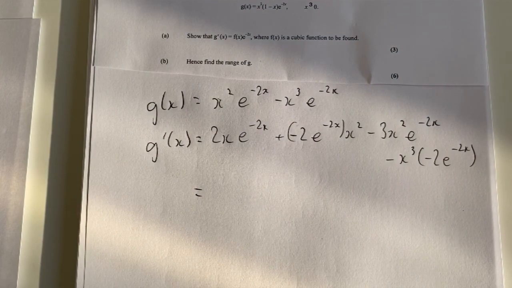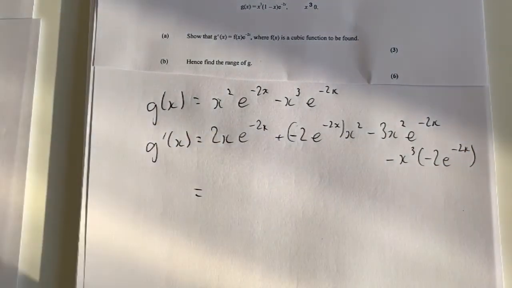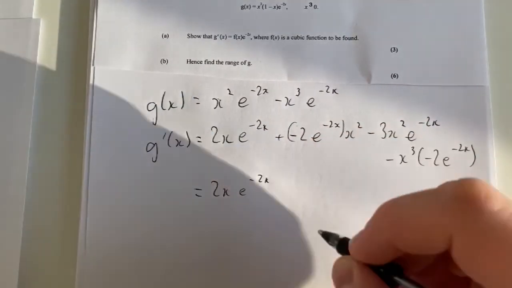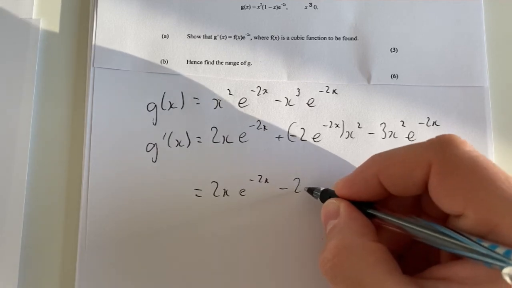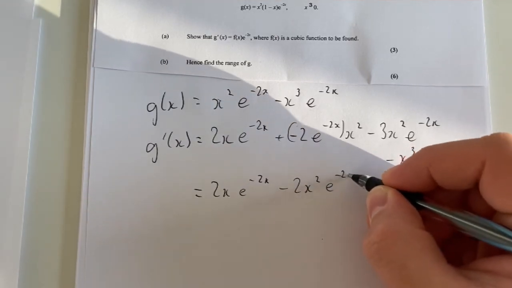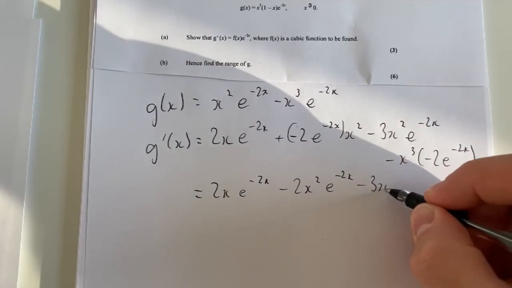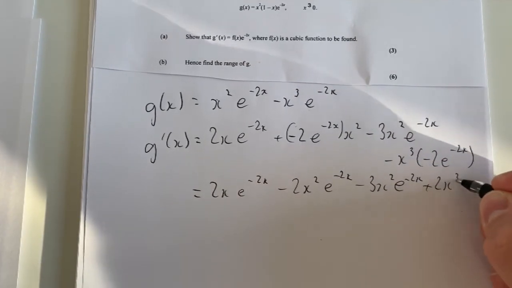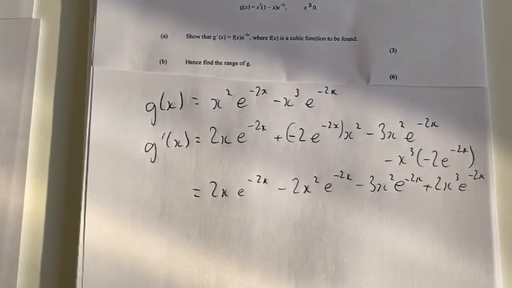So altogether, if I write this out in a slightly neater form, we have 2x e to the minus 2x, minus 2x squared e to the minus 2x, minus 3x squared e to the minus 2x, plus 2x cubed e to the minus 2x.